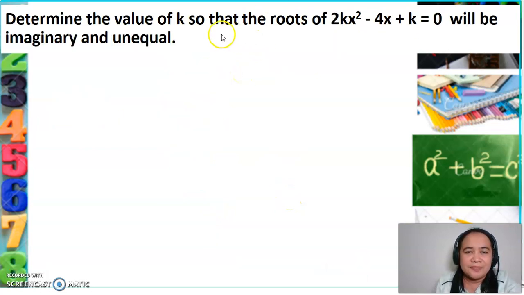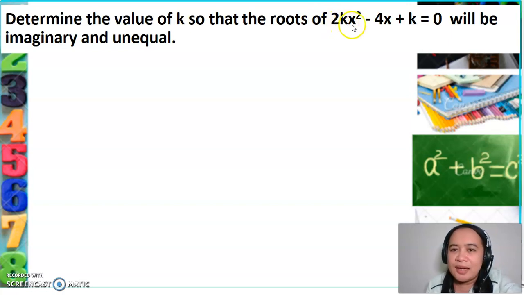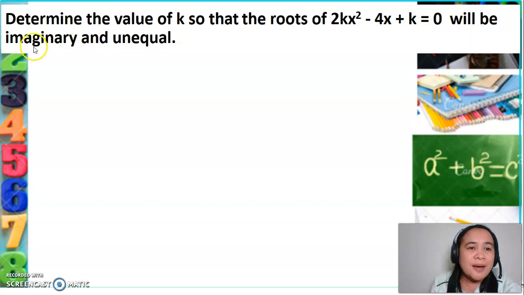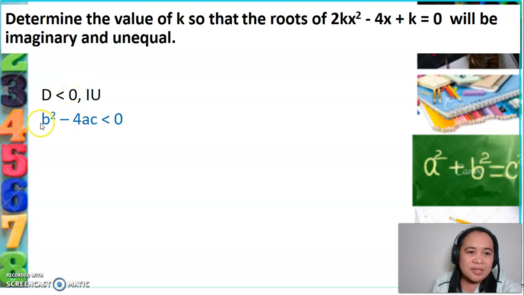Another example. In this case, find the value of k so that the roots for 2kx squared minus 4x plus k equals 0 will be imaginary and unequal. Take note, the discriminant value for imaginary and unequal roots should be lesser than 0. So, discriminant should be lesser than 0.